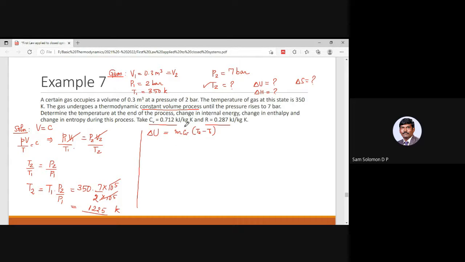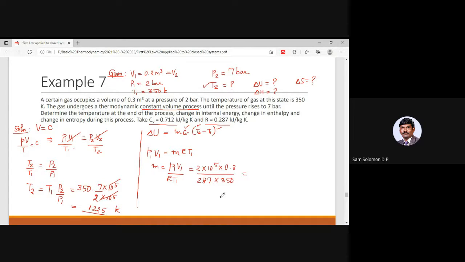I know the value of Cv, I know the value of T2, I know the value of T1, but I don't know the value of m. But I can get it using the ideal gas equation of state. P1 V1 equal to m R T1, and m is equal to P1 V1 by R T1. P1 is 2 bar, volume V1 is 0.3, R is given as 0.287 into 10 to the power 3, T1 is 350 Kelvin.